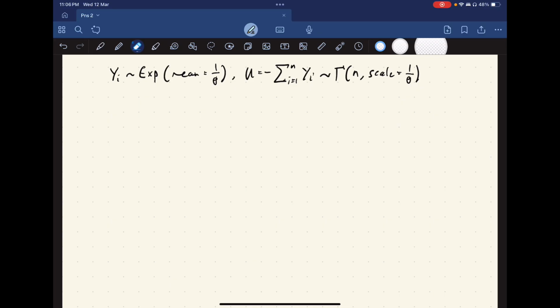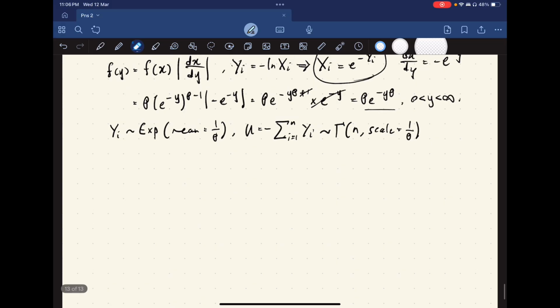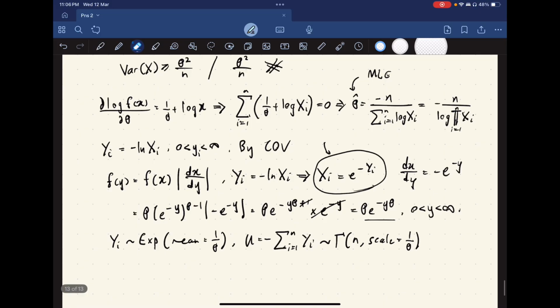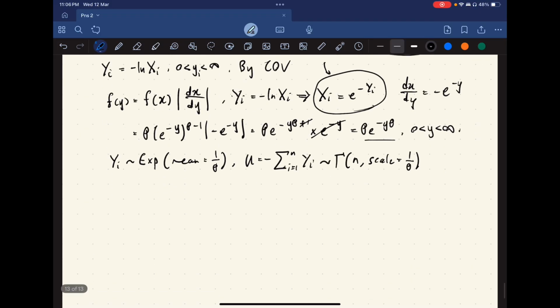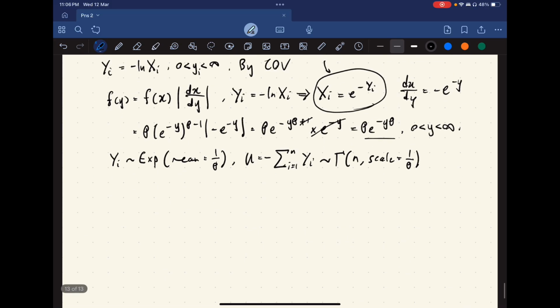And from here we can proceed with finding the expectation of our MLE. As we know, our MLE is given by this here, and this bottom expression corresponds to U, which is distributed as a gamma distribution with parameters n and 1 over theta as a scale parameter.